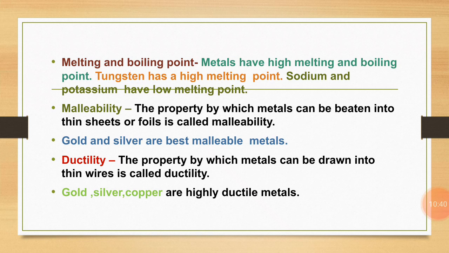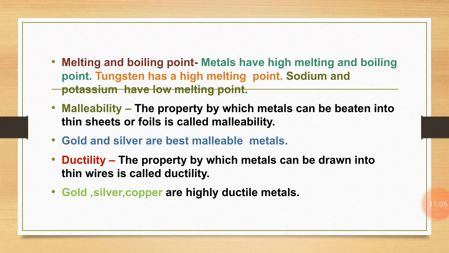This property is known as malleability. Gold and silver are examples of the best malleable metals, so you can easily convert them into thin sheets or foils by hammering.